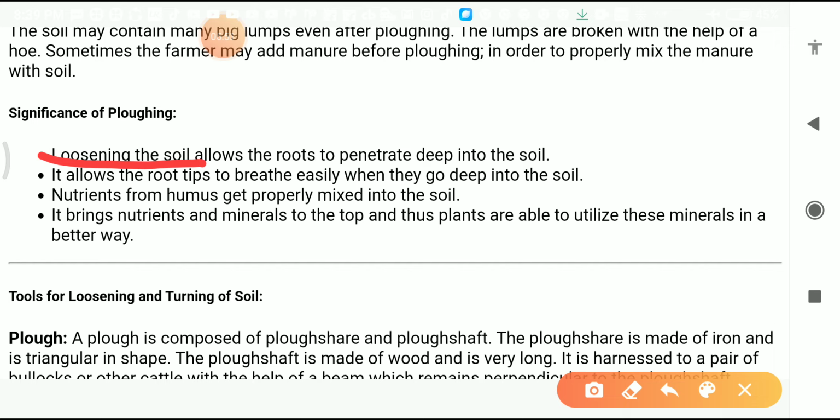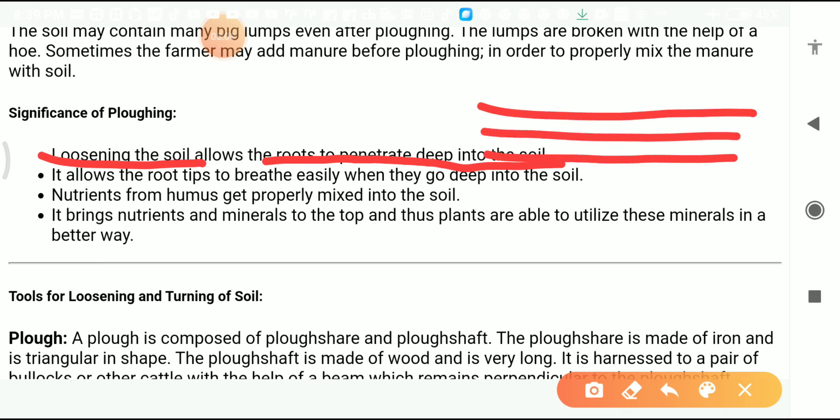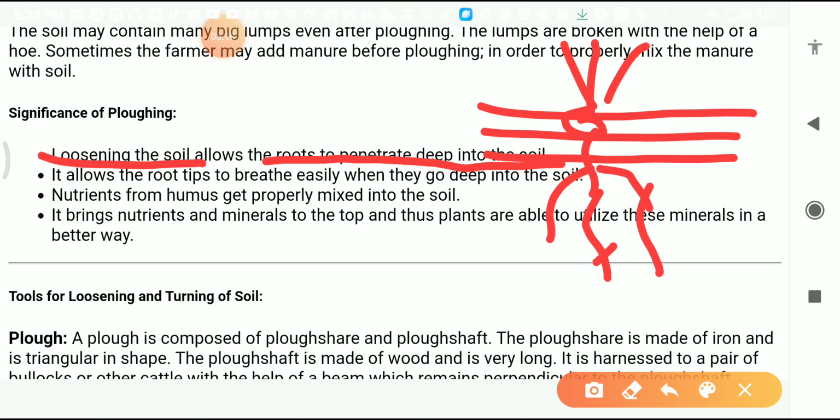And it allows the roots to penetrate deep into the soil. Suppose, students, this one is your soil. If you sow the seed here, then after germination, when the seed converts into a seedling, this one is your plumule and this one is the radicle. The radicle is related to your root.